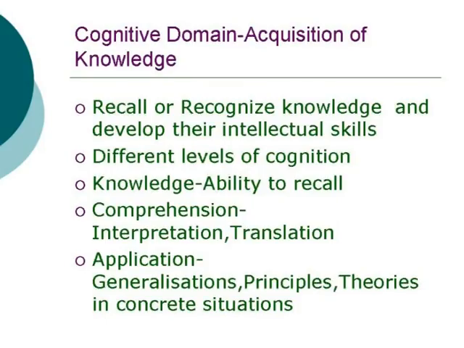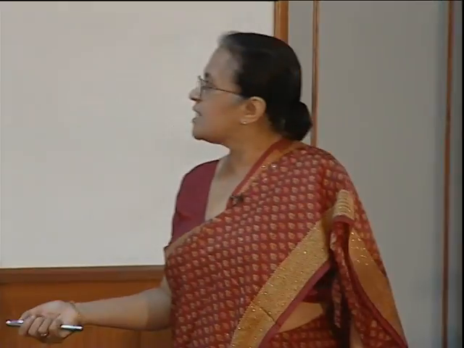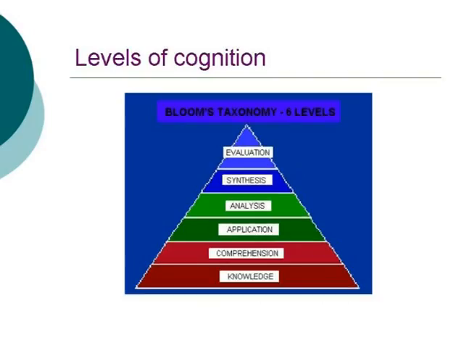So, cognitive domain is mainly concerned with the acquisition of knowledge. There are different levels of cognition, and I found that most of you are familiar with the different levels, and you can see that this is the picture which shows how the level goes up as you ascend.